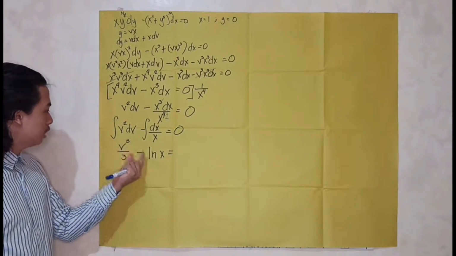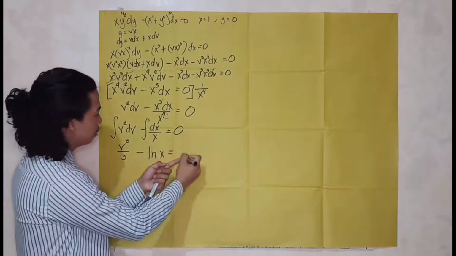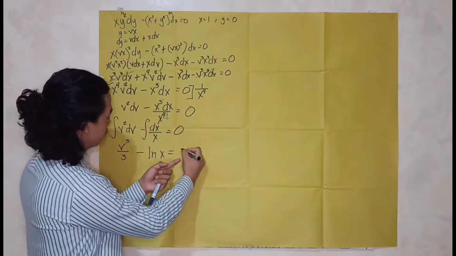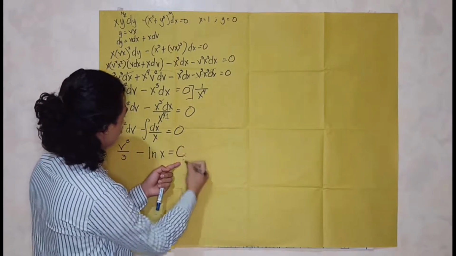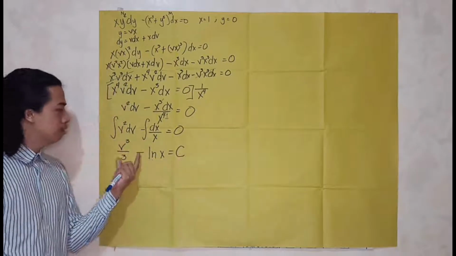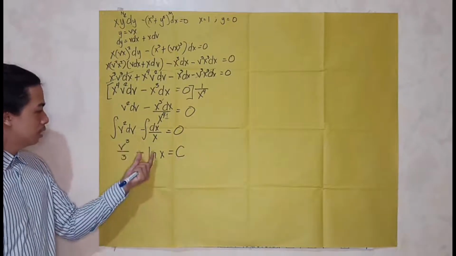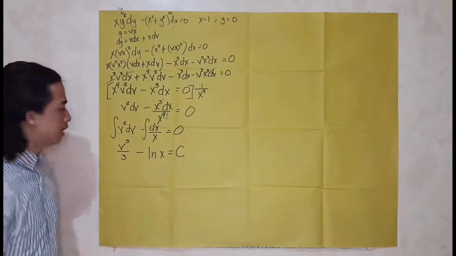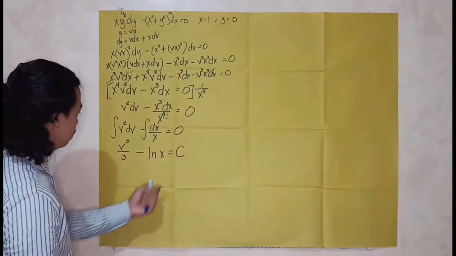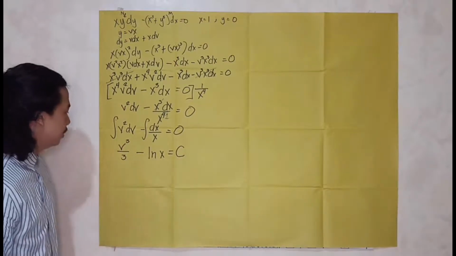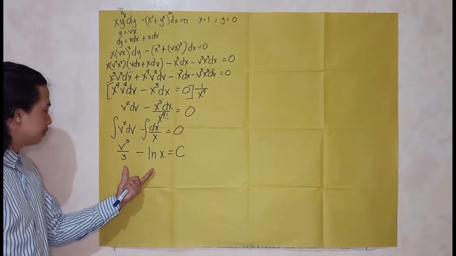So, yung c dito at c dito, ilipat ko na sa kaliwa. Kaya magiging c na lang din siya kasi pag pinagsama yung dalawang constant, kahit negative, constant pa rin siya. So, meron na tayong equation.